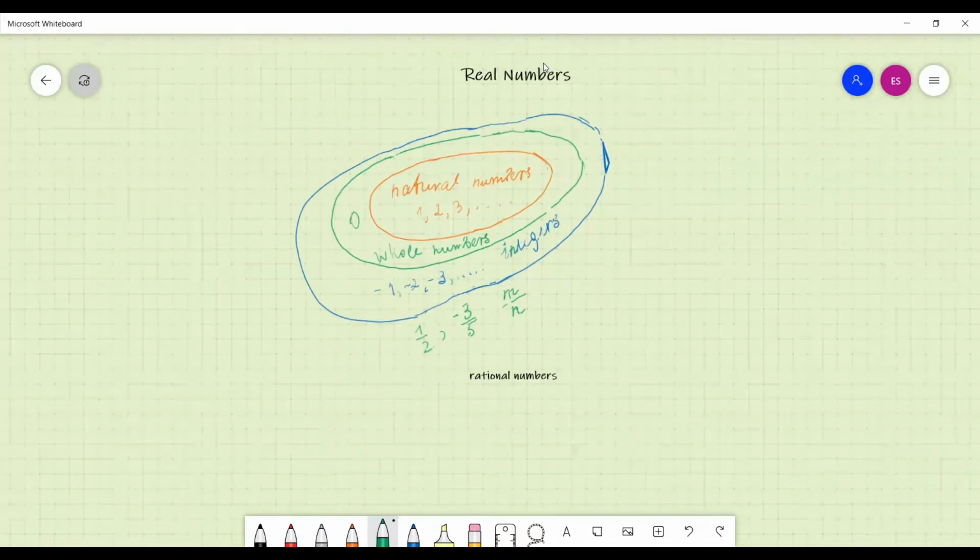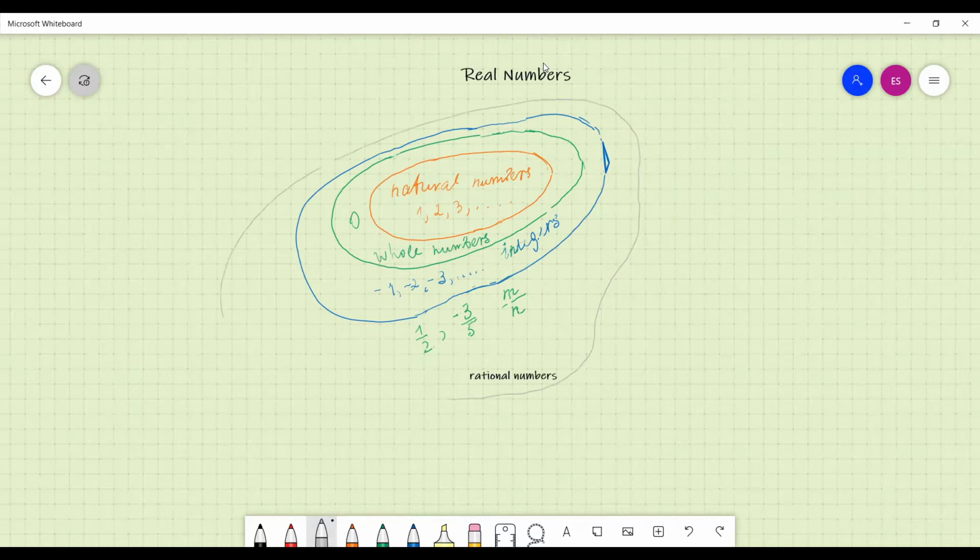Come on. Okay, well, rational numbers are all fractions which we make from integers. I'm going to circle them with a different color. Mostly, guys, we are going to deal with rational numbers, but there are also numbers which cannot be represented as a fraction of two integers. Such numbers are like pi, or, for example, the square root of 2, or the cubic root of 3.